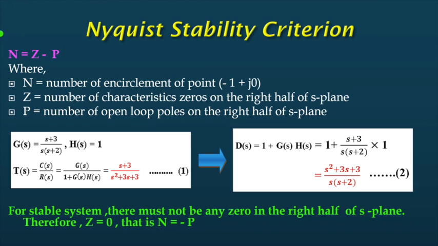If any zero is present in the right half of the S-plane, that means closed loop poles are present in the right half of the S-plane, and the system is unstable. If Z equals 0, there is no characteristic zero on the right half of the S-plane, and the system is stable because there is no closed loop pole present in the right half of the S-plane.